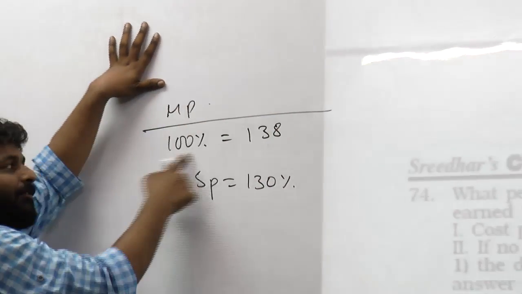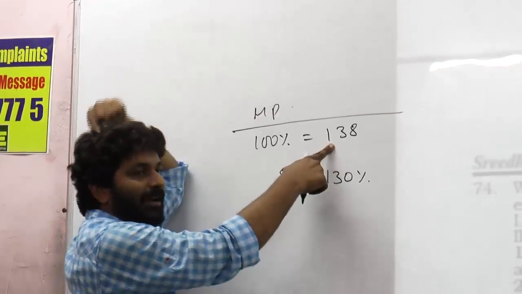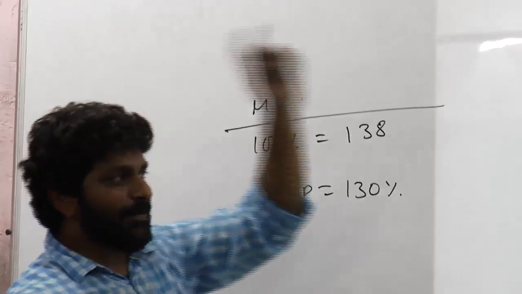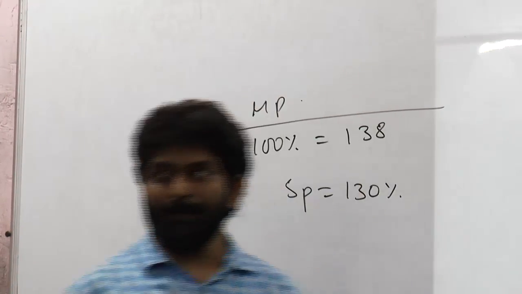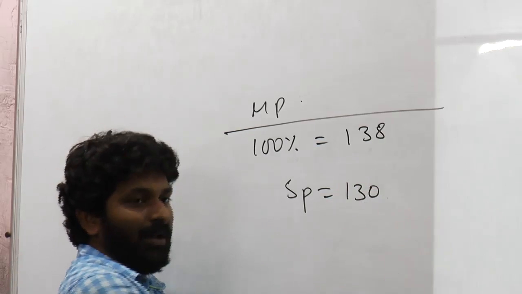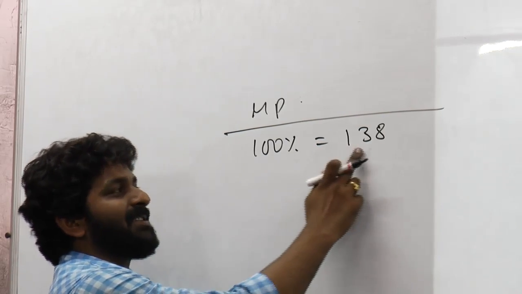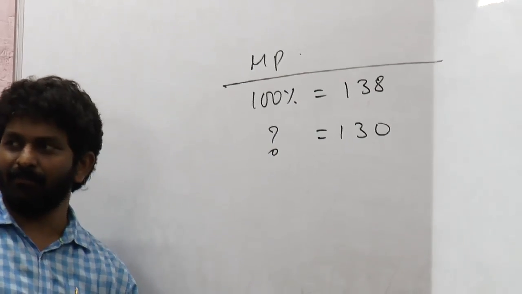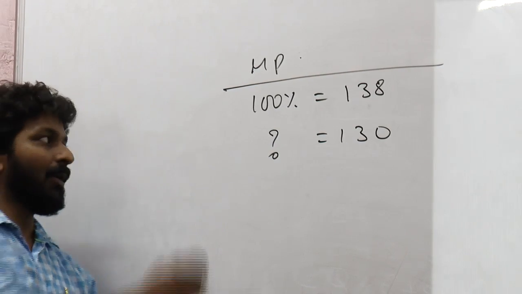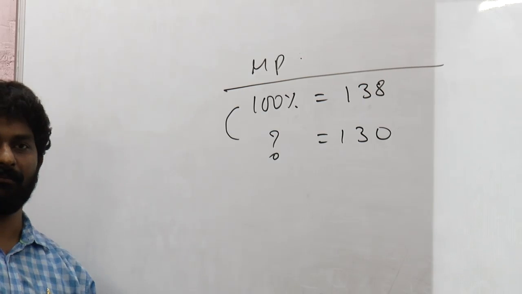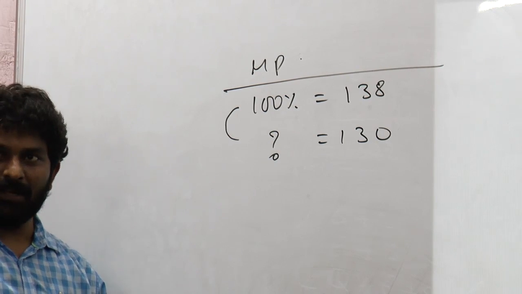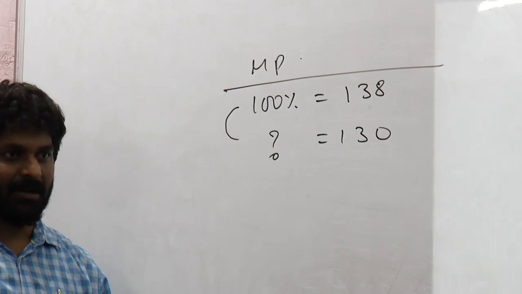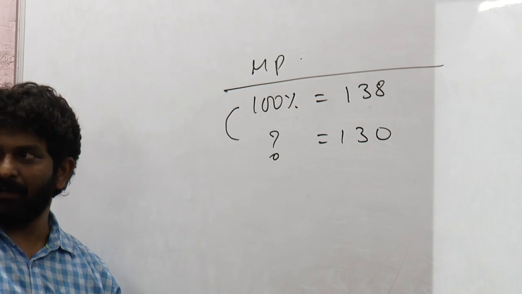So at the rate of 100% of market price, you are selling it for 138. But how much percent profit you are expecting? 30%. So selling price should be 130. If 100% is equal to 138, can't you calculate 130 forms what percent here? Yes or no? What is this difference called? Discount percentage. Will you get the answer or not?